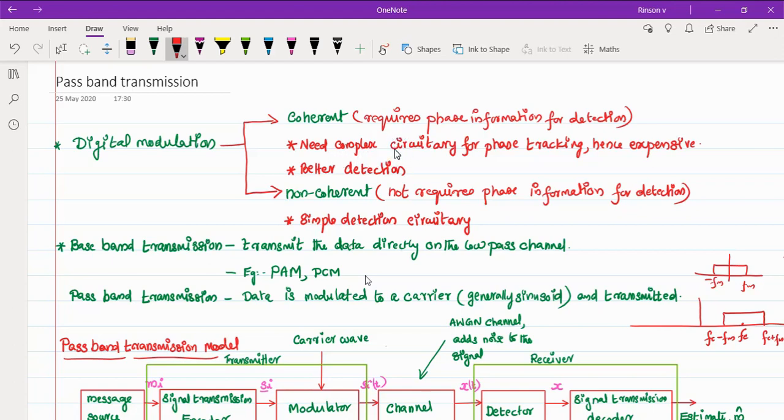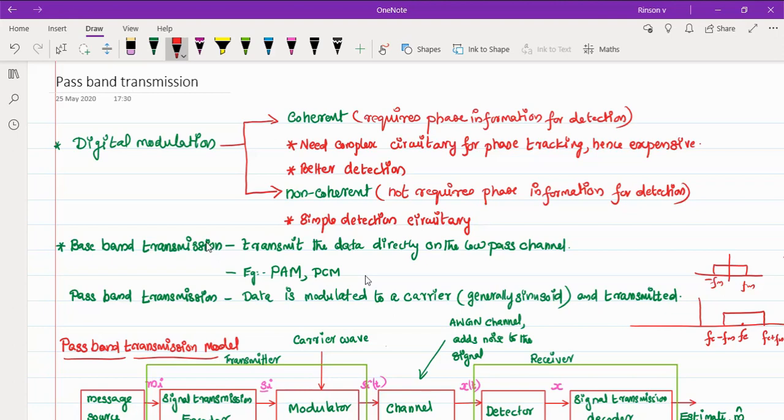Hence it needs a complex circuitry for phase tracking, because transmitter and receiver should be in a phase locked loop. So it's an expensive kind of detection process, but it's a better detection. In non-coherent, we do not require the phase information, so it's a simple detection process.